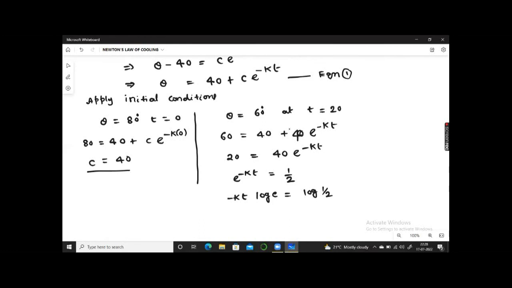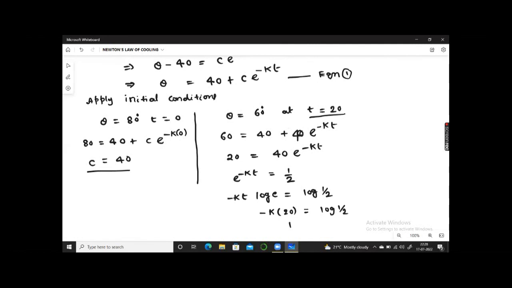So now what I want is k. Log e is 1, so I want the k value. Sorry, something is wrong, I think. Anyhow, t is 20, you can put it. So minus k into 20 log e, which is 1, is equal to log 1 by 2.